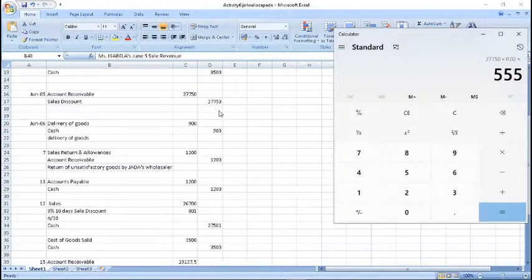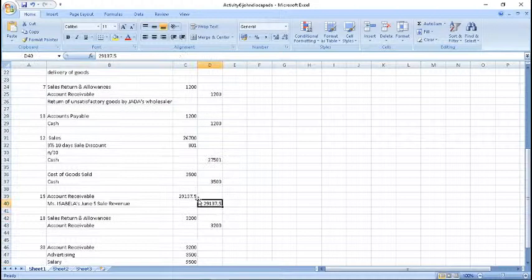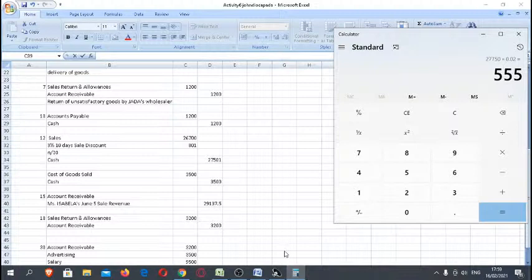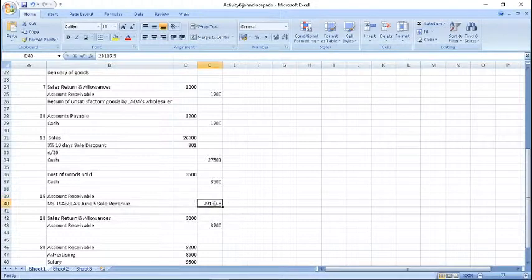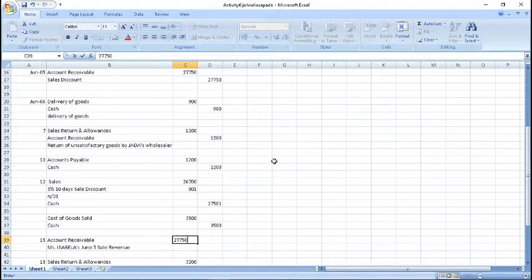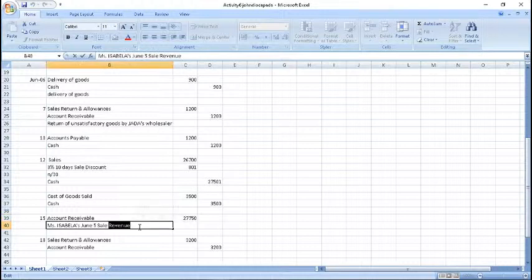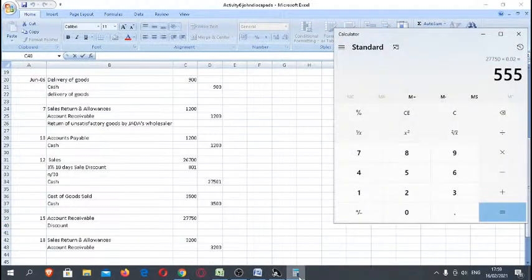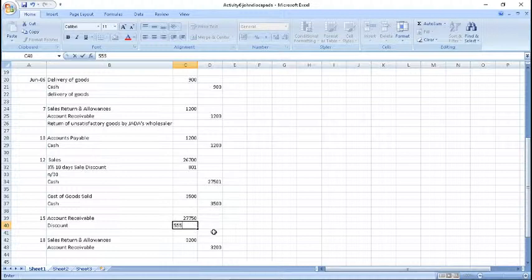Pasok sa discount, so meron siyang sales discount. Makakakuha daw yung customer ng 3% discount if paid within 10 days. Since pasok siya sa 10 days, kukunin mo lang yung 3% ng 27,750, which is 832.5. So isubtract mo yung dalawa, yun yung cash na natanggap. Okay?